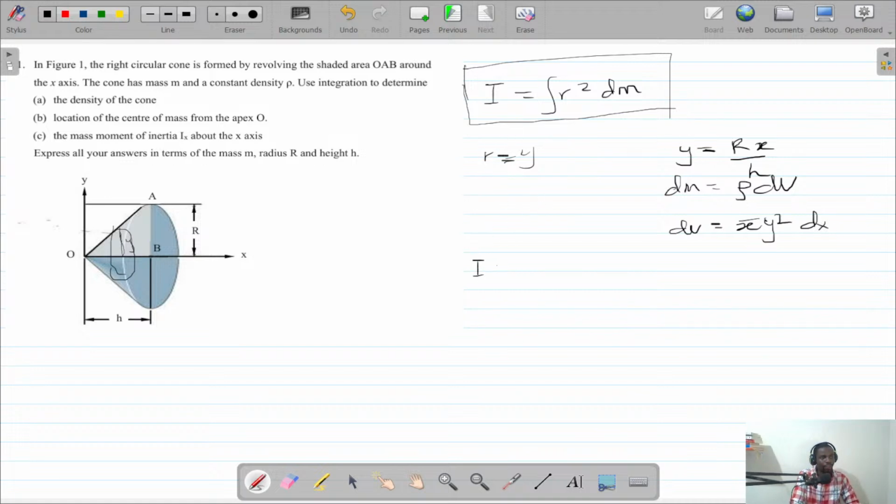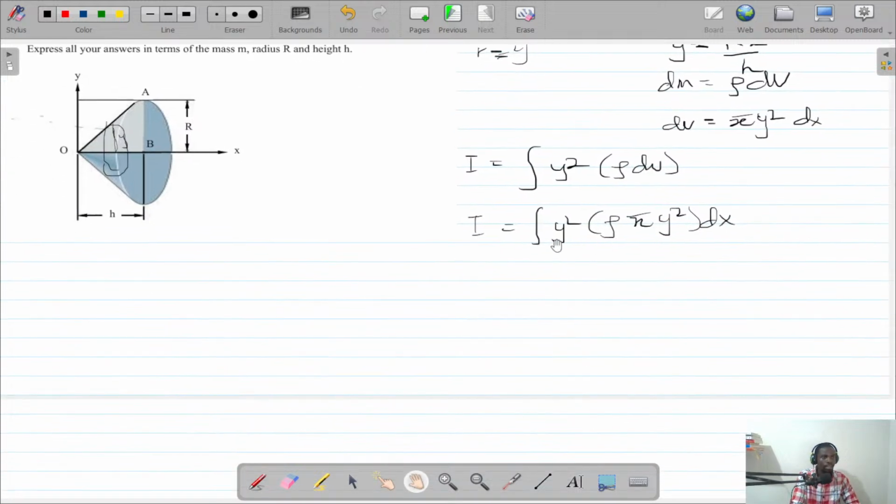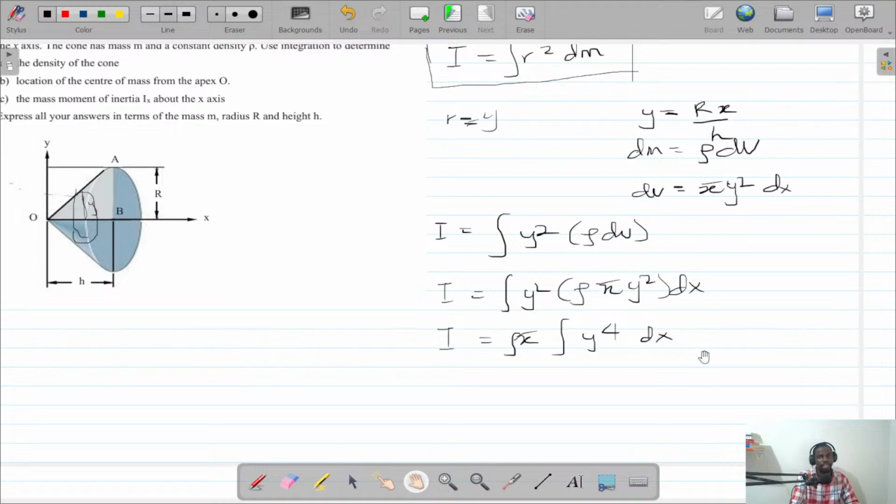So our I here will be equal to integral of y squared into brackets rho dv, which implies integral of y squared rho times pi y squared dx. So the y squared multiplies, and I is equal to rho pi integral of y power 4 dx. We know y is equal to r x on h.